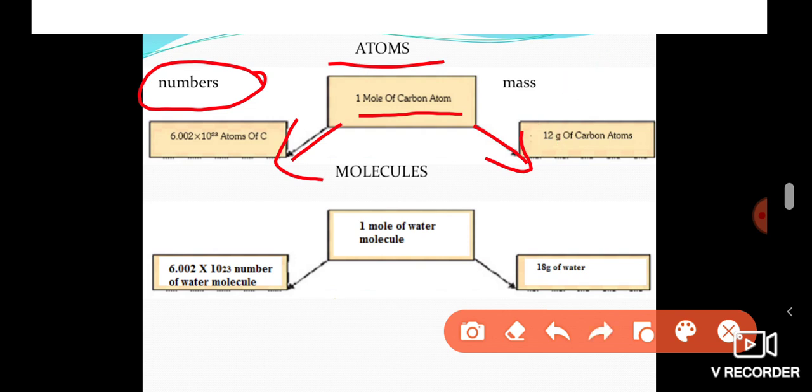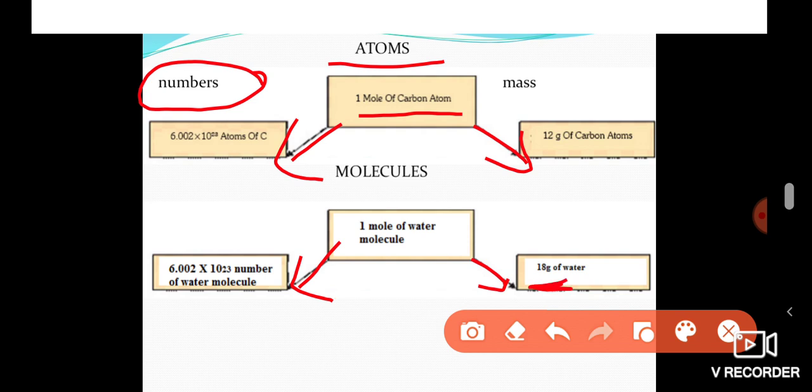Like that, molecules. Let me take a water molecule here. 1 mole of water molecules contains how many molecules? 6.022 into 10 power 23 water molecules. So 1 mole of water contains this number of water molecules. And how many grams does it contain? It contains 18 grams of water.